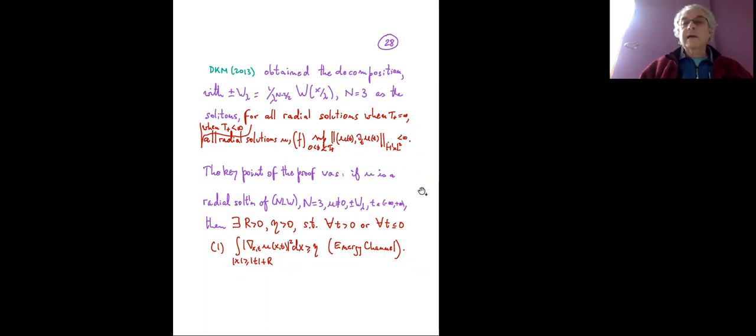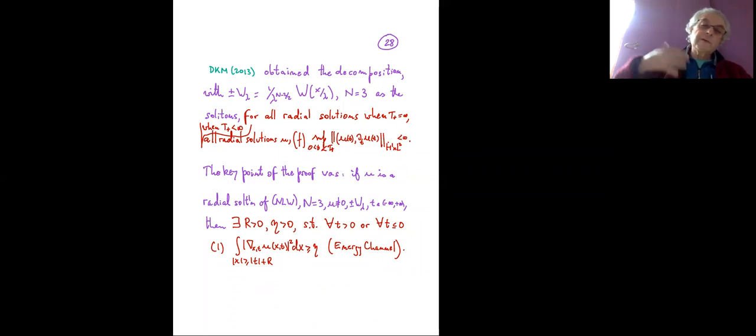0 or plus or minus W_λ, then there is an energy channel. For all positive t or for all negative t, you can find a fixed amount of energy outside a translated light cone for all times. So this is the channel of energy that persists for all times.